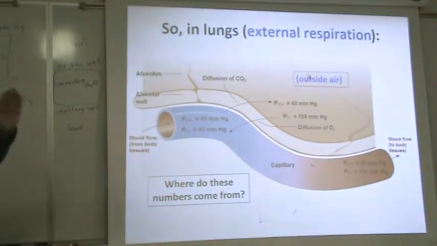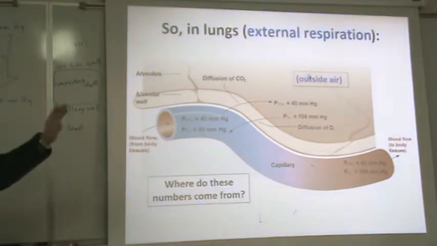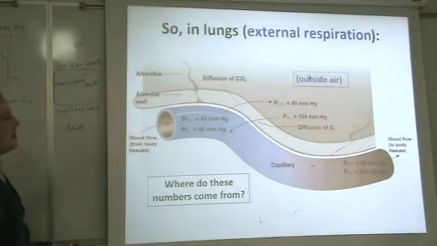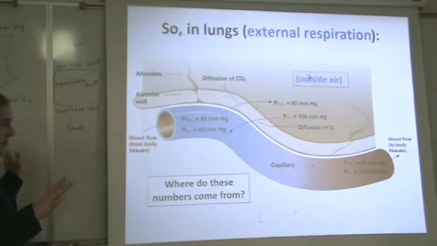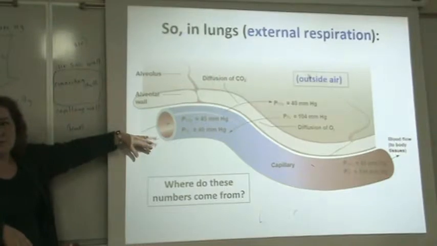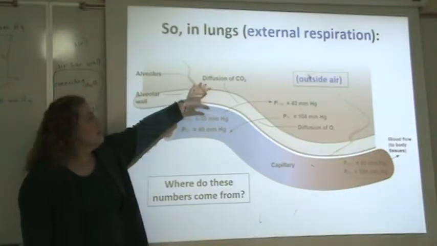So now we come to, oh my gosh, this looks like one of those capillary bed pictures. It is one of those capillary bed pictures. We're just talking about pulmonary capillaries now. It's got a lot of numbers, and it's got a lot of arrows, so we're going to go slowly through this. This is a picture of external respiration because we are looking at lungs.